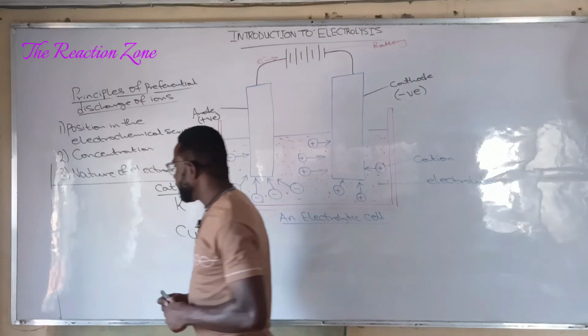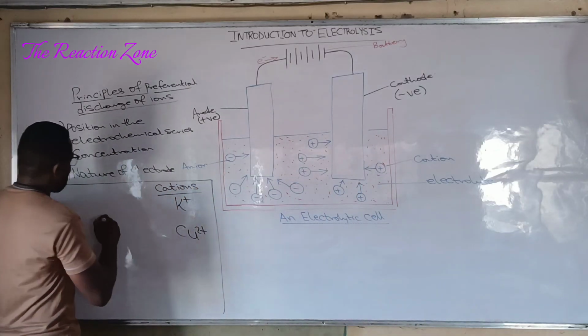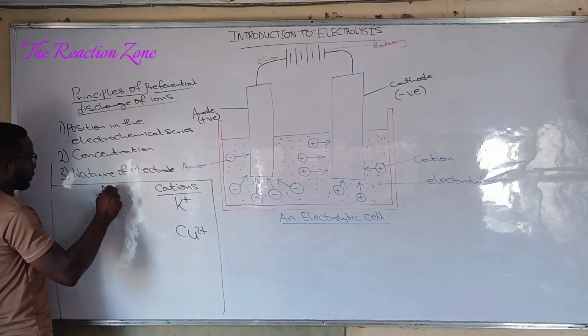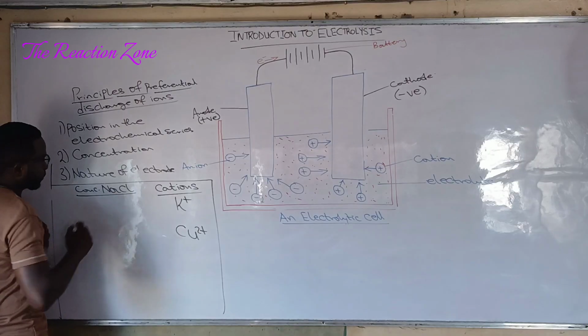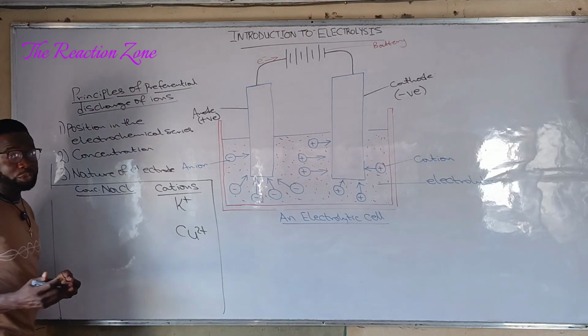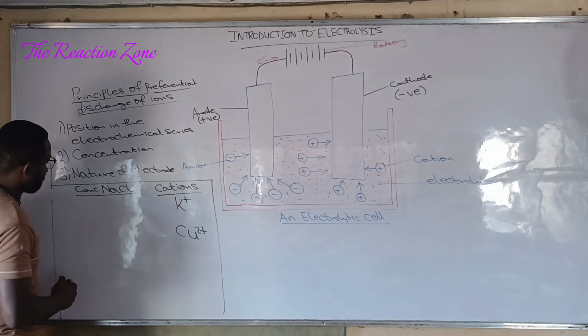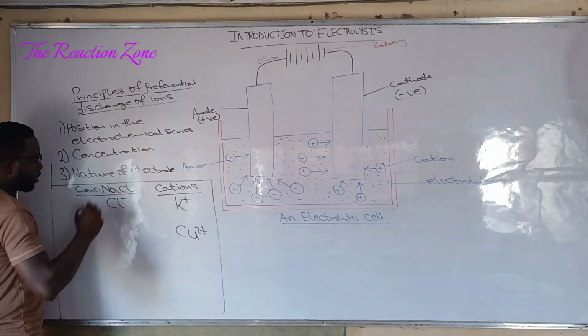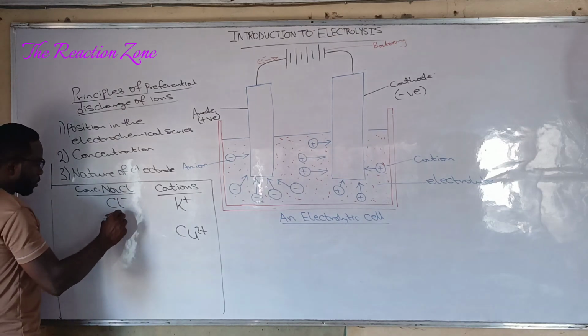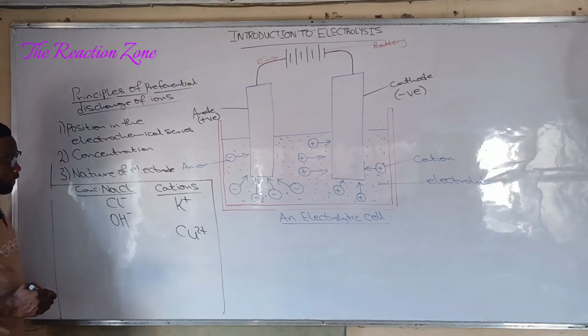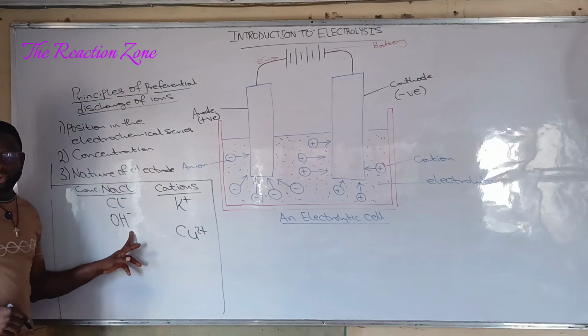For example, in the electrolysis of conc NaCl, that is the electrolysis of brine, there are two types of anions present. Cl-, that is chloride ion, and OH- ions, that is hydroxide ions, which comes from water.